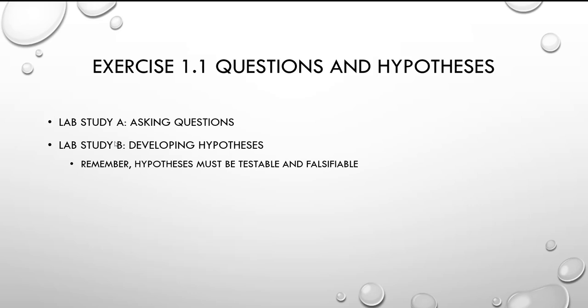So that's lab study A, and there are some questions associated with that. The second part of exercise 1.1 is lab study B, developing hypotheses. Remember, hypotheses must be testable and falsifiable. You're just going to follow the information, identify what's a good hypothesis, and come up with your own.